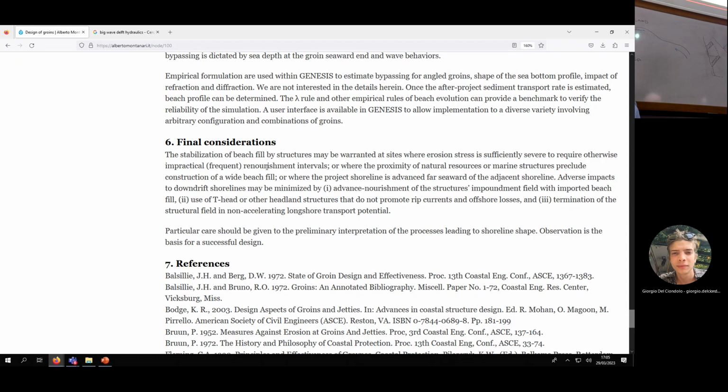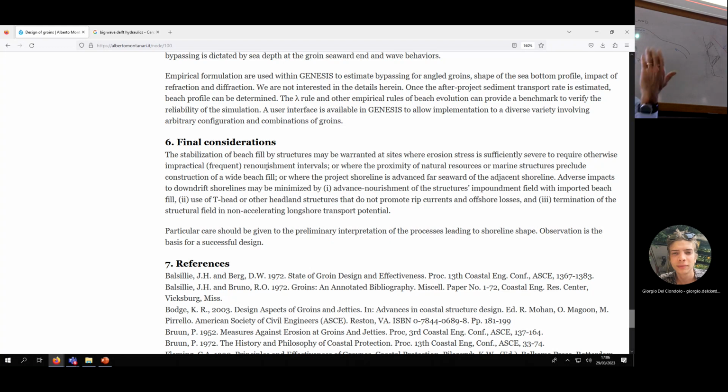The stabilization of beaches by structures is much more complicated in sites where the erosion stress is severe. What I want to say is that maybe breakwaters and groins are not enough.